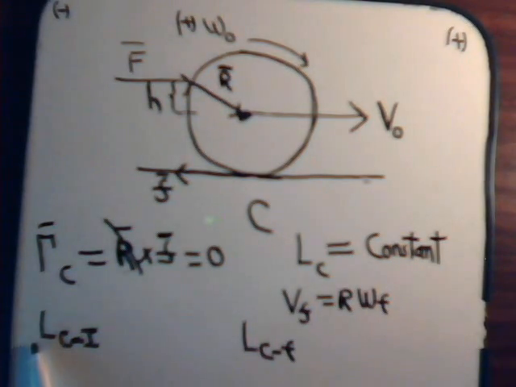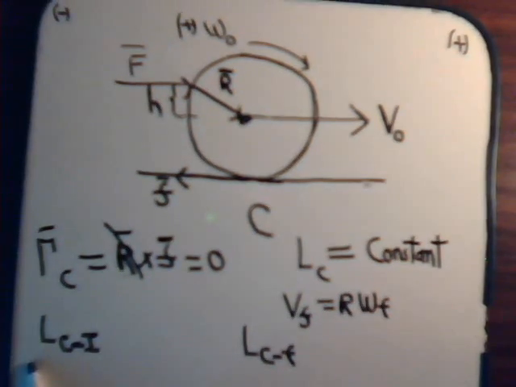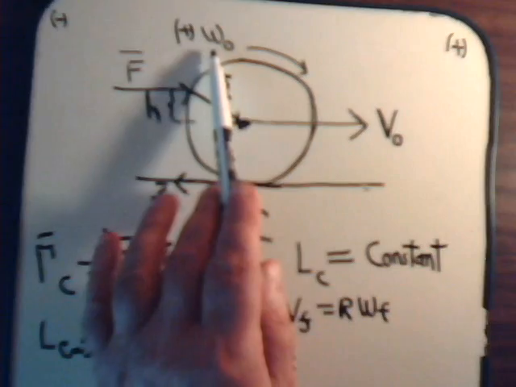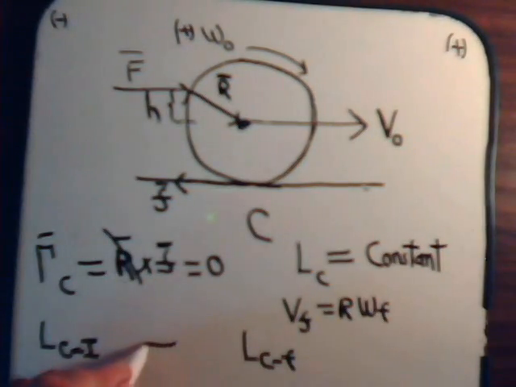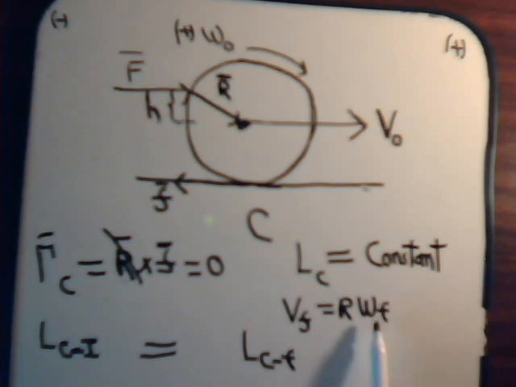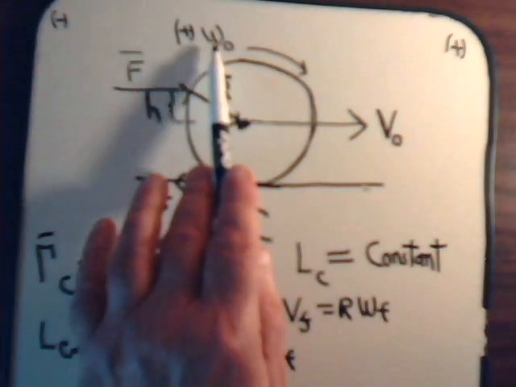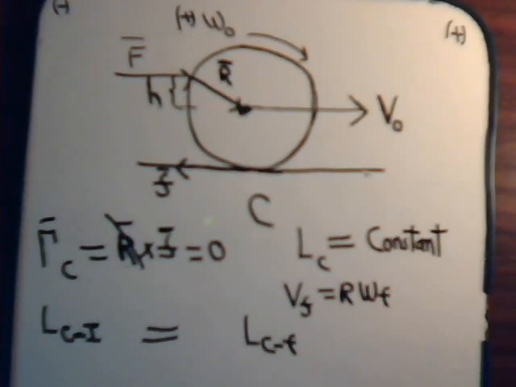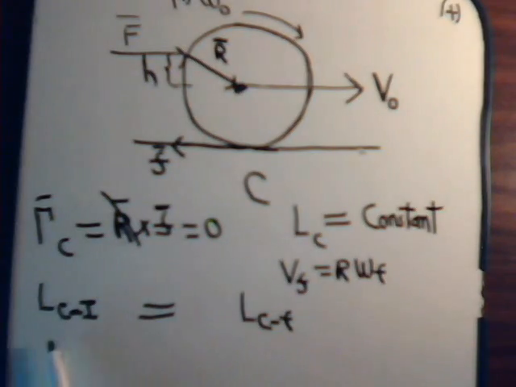So whatever it was initially, when we had V naught and omega naught, it has to be the same when it goes into pure roll, when it has a linear velocity Vf and an angular velocity omega f, each different from these. And the reason, of course, is that this is a constant, because the torque about point C is 0.